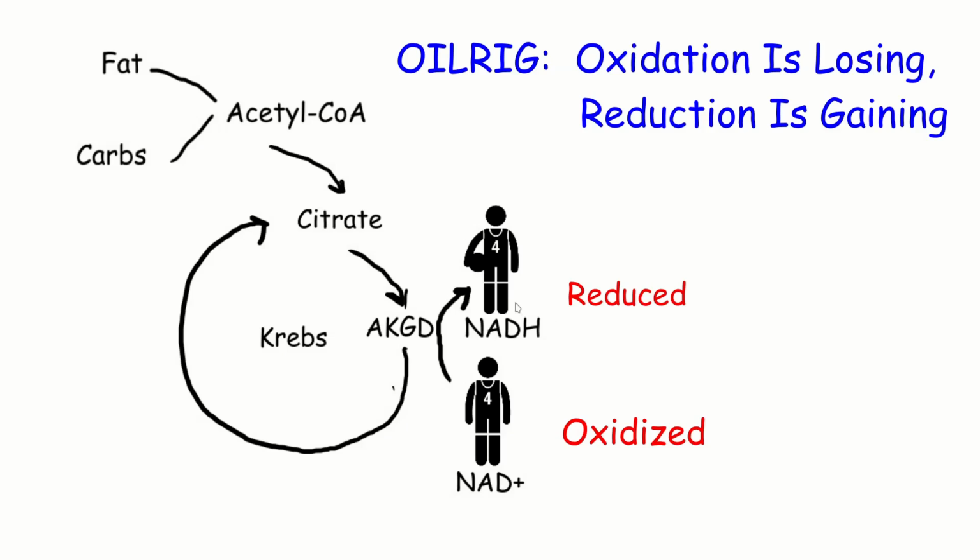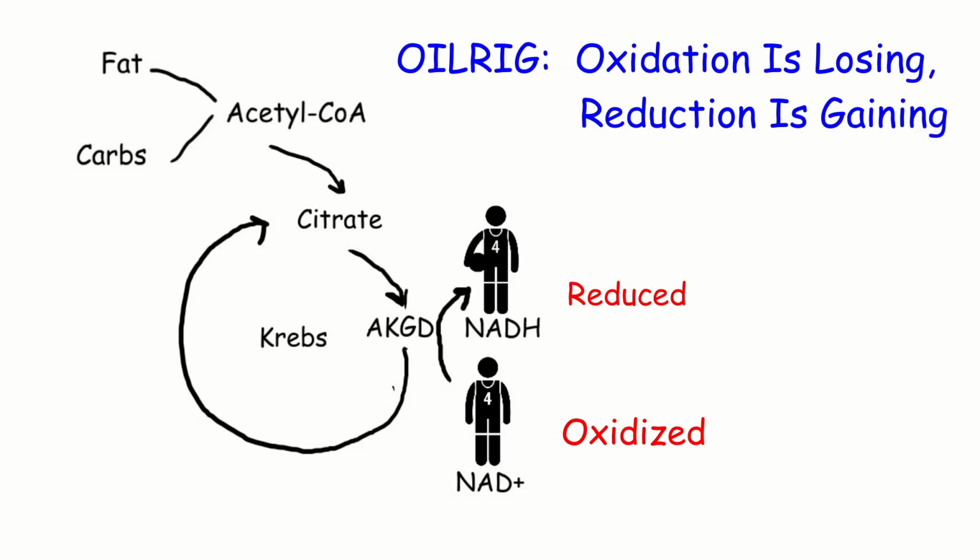You can remember this by the mnemonic OIL RIG: oxidation is losing electrons and reduction is gaining electrons.